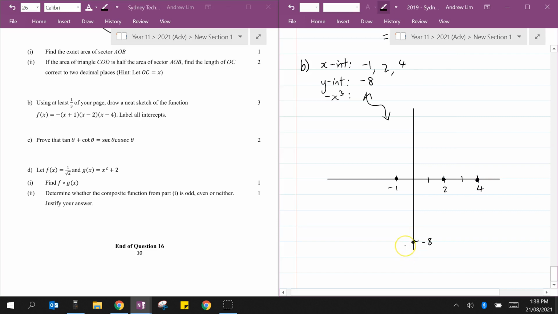Okay. So it's going to look something like this. And that's good enough. I don't think we need the turning points. I think that's year 12 work.